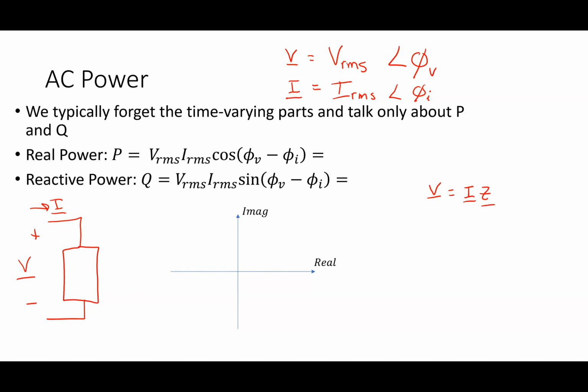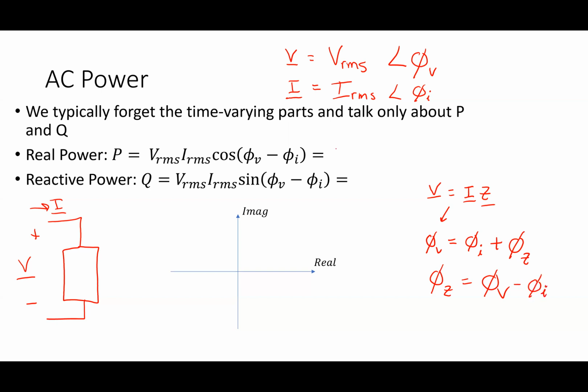That's one of the three: V equals I times Z. So that's really two equations, isn't it? One's magnitude, one's angle. What's true about the angles of those three vectors? Phi V equals phi I plus phi Z, right? Because angles add when I multiply vectors. So that tells me phi Z is phi V minus phi I, right?